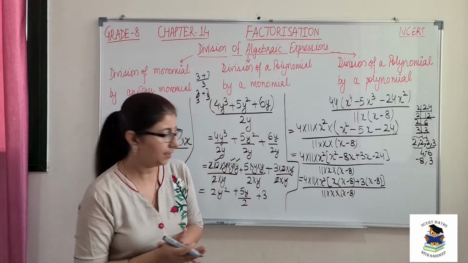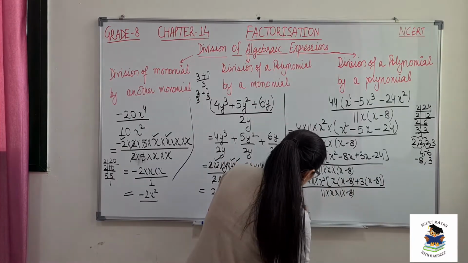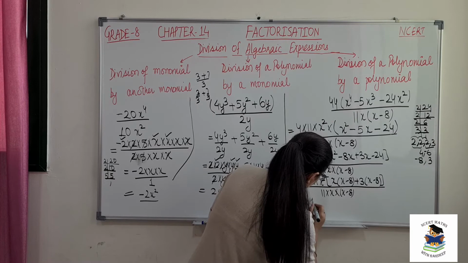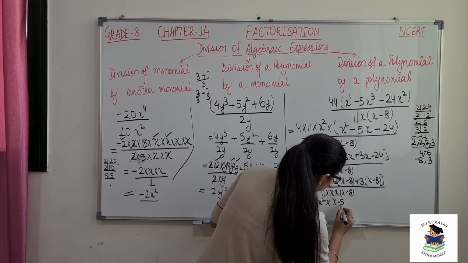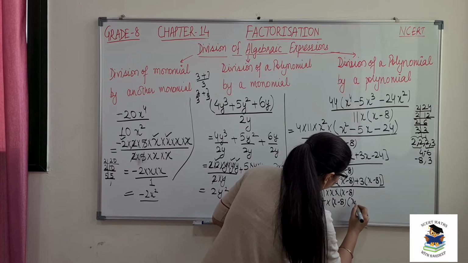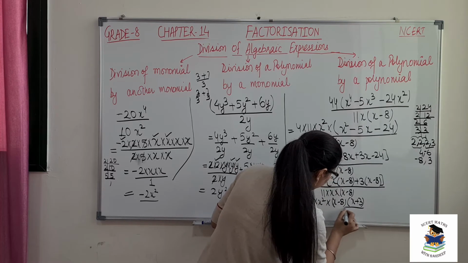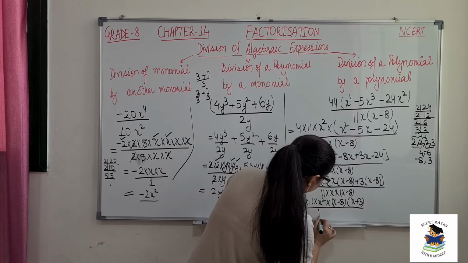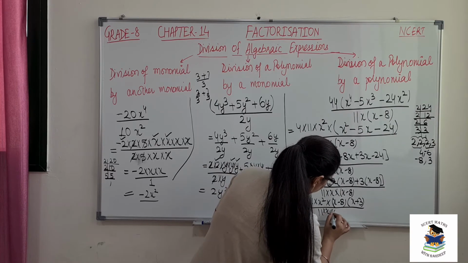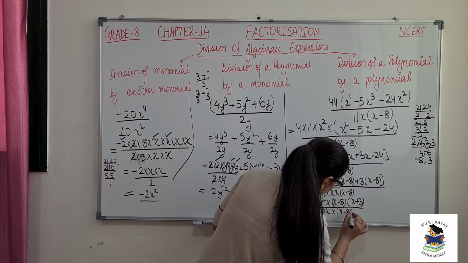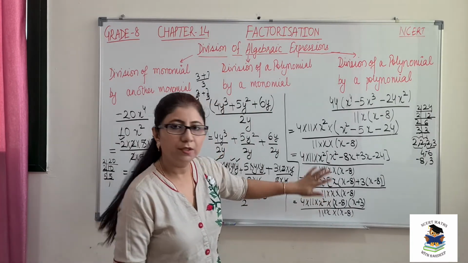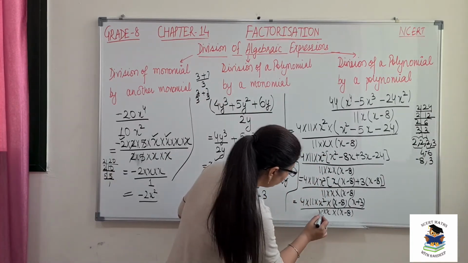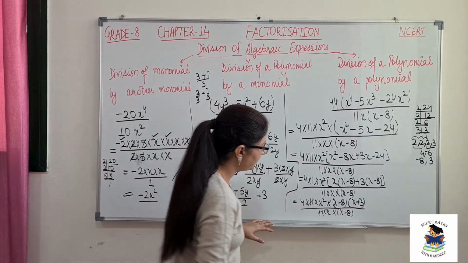So now what should be our next step? We will combine the terms, that is x minus 8 is one factor and x plus 3 is our second factor. So here it is 11 into x minus 8. Now we can cancel our common factors. 11 and 11 will be cancelled.